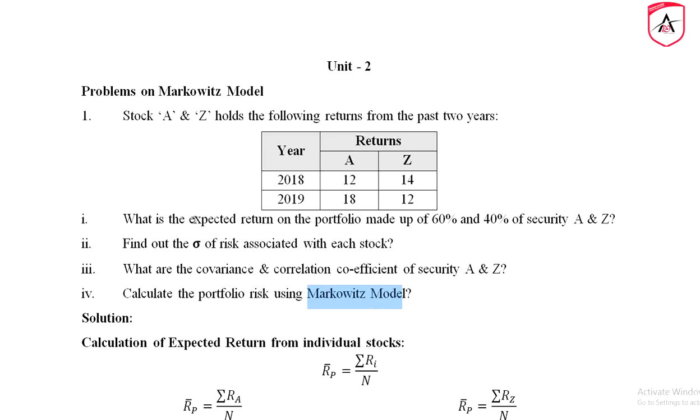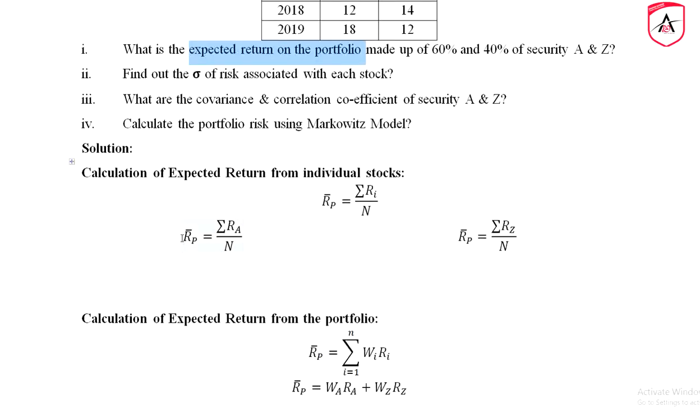First, as per his question, we have to find out the return on portfolio. So calculation of expected return from individual stock. We have 2 different stocks, that is stock A and Z. So we have to find out the returns among these stocks. The formula is here.